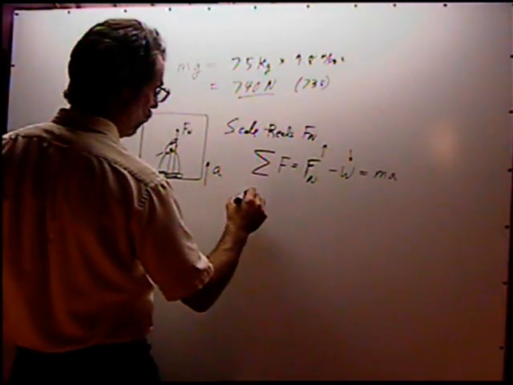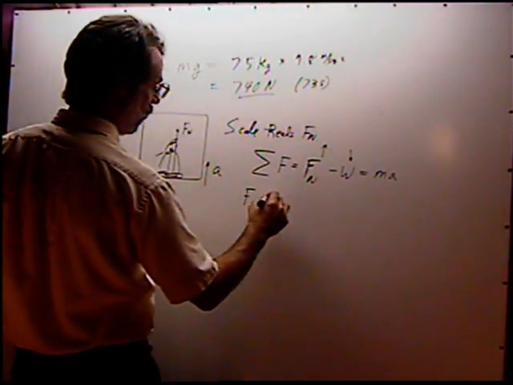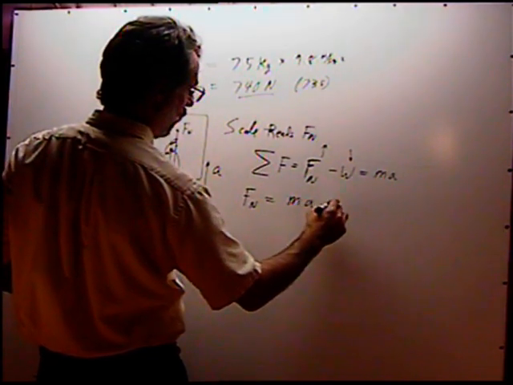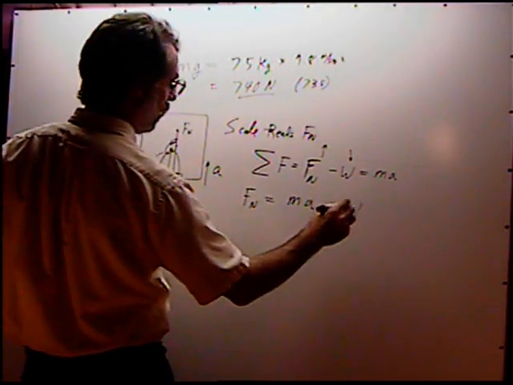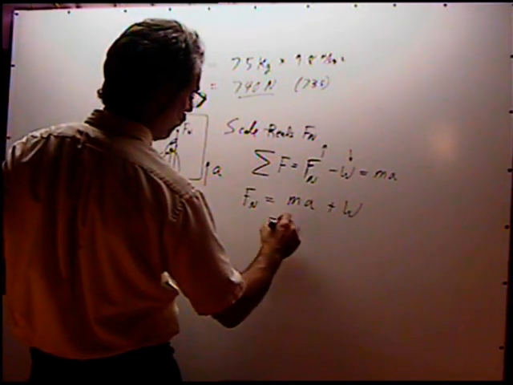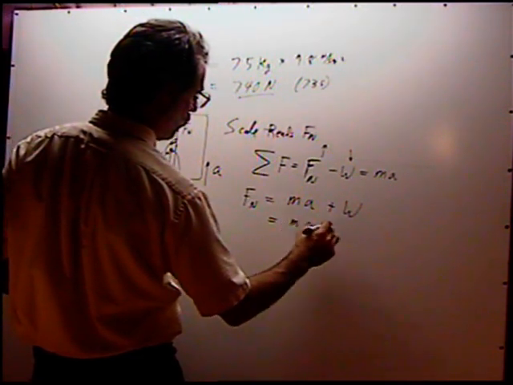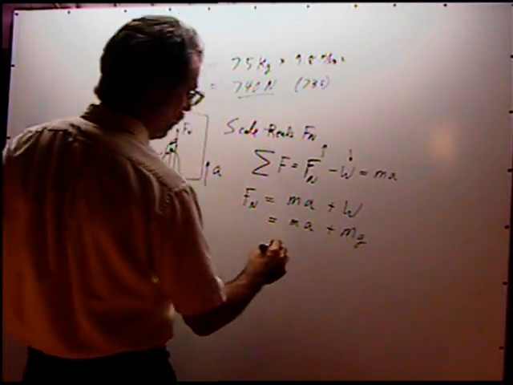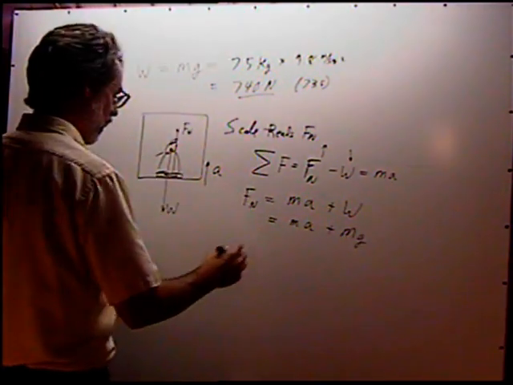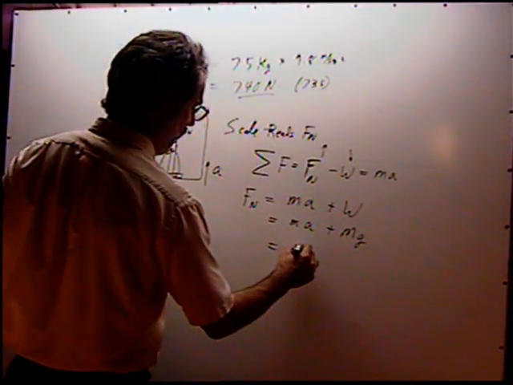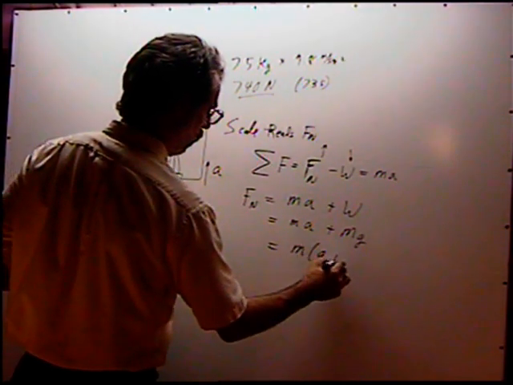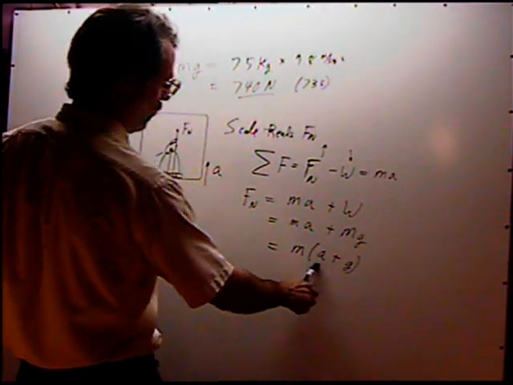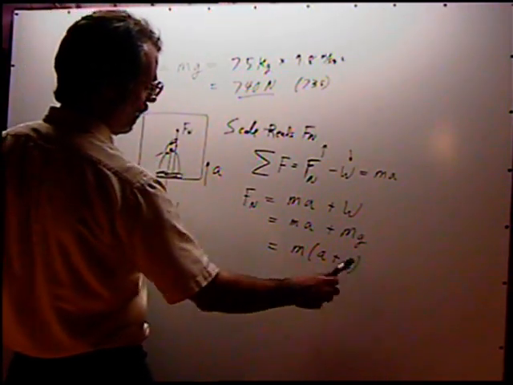Therefore, the normal force equals the mass times acceleration plus the weight, so this is mass times acceleration plus mg, or we can say it's the mass times a plus g, where we simply add together the acceleration and the gravity.